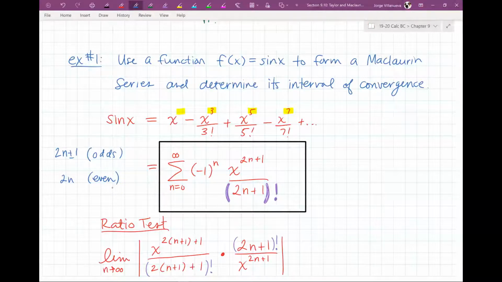The way I need to pick plus 1 is if I plug in a 0 into, say, 2n plus 1. It becomes a positive 1, right? That means that my 0th term is an x to the first, which is exactly what I need. If I use 2n minus 1 and I plug in a 0, I get negative 1. And my power up there is not x to the negative 1 to begin with.